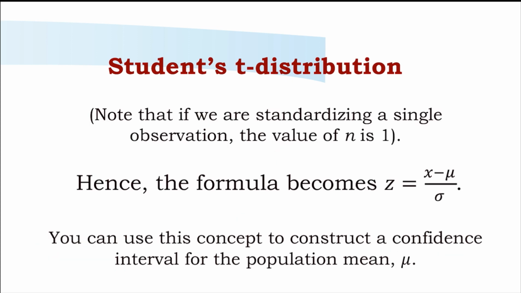Note that if we are standardizing a single observation, the value of n is 1. Hence, the formula becomes z is equal to x minus mu over sigma.